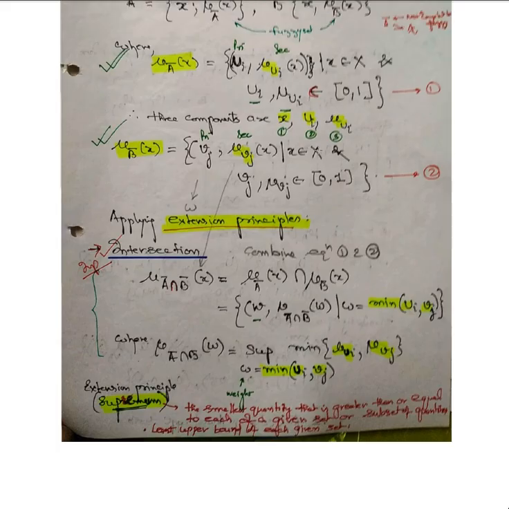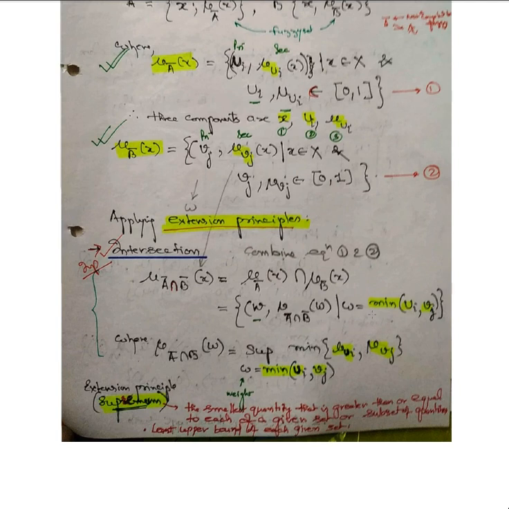When we combine these two equations, that is mu A intersection B of X, where X is part of the universe of discourse capital X, mu A of X intersection mu B of X is defined as W comma mu A intersection B of W, such that W is the minimum of Ui and Vj.